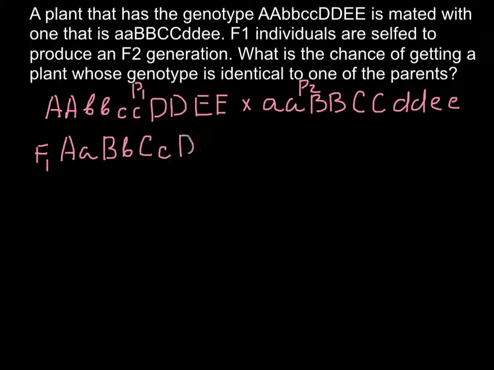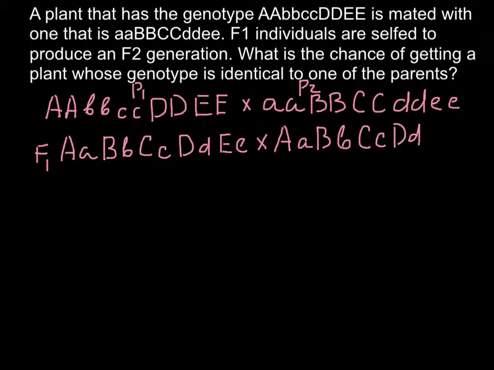So the F1 generation is going to be heterozygous for all of the allelic pairs, and we have to self-pollinate it, or self-cross. So we just put the same genotype for the second parent, capital D, small d, and capital E, small e. So we have to cross this F1 generation in order to get F2.